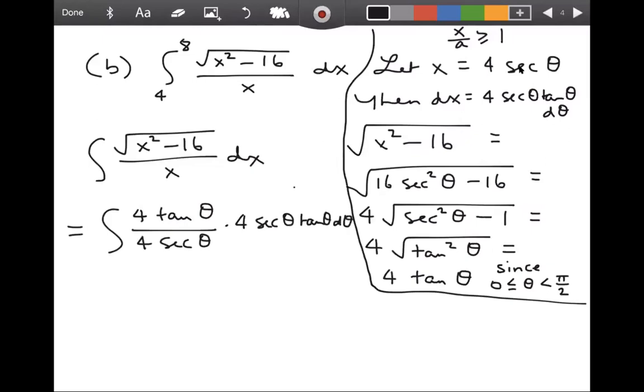Okay, and then what usually happens at this point is that you can cancel out a bunch of stuff. We can get rid of these secant thetas, get rid of a pair of 4s. And then what we're left with is 4 times the integral of tangent squared theta d theta. All right, now I remember sort of indirectly referring to this integral in the last section.